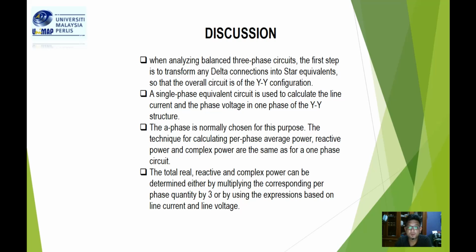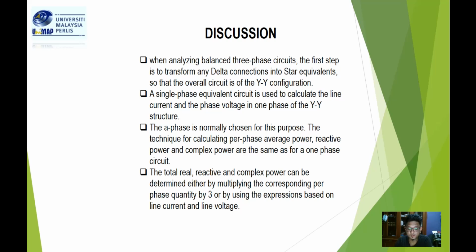The technique for calculating per-phase average power, reactive power and complex power is the same as for a one-phase circuit. The total real, reactive and complex power can be determined either by multiplying the corresponding per-phase quantity by 3 or by using the expression based on line current and line voltage.